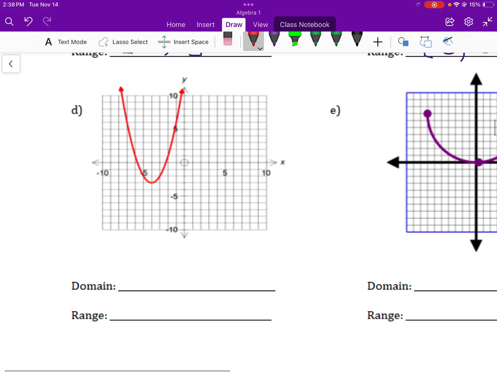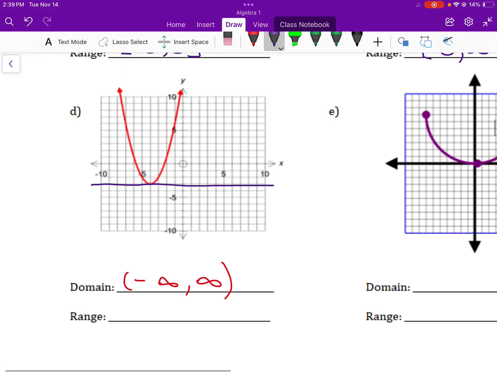Next one, domain. Notice there's no bounding on the left and the right, -infinity to positive infinity. But there is on the range, so that's -1, 2, 3. -3 to infinity. Right, because it's going as far down as -3 and then not bounded on the top.